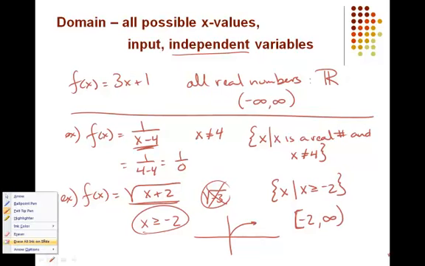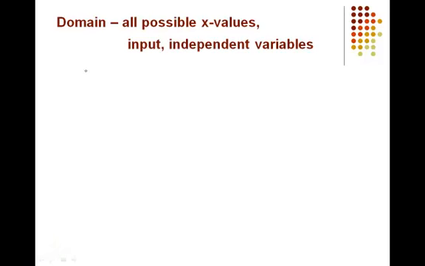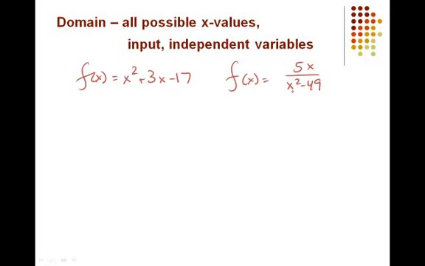Okay, take a moment and see if you can do domains for these two functions. f of x equals x squared plus 3x minus 17, and f of x equals 5x over x squared minus 49. See if you can find domains for those using either your set notation or interval notation.